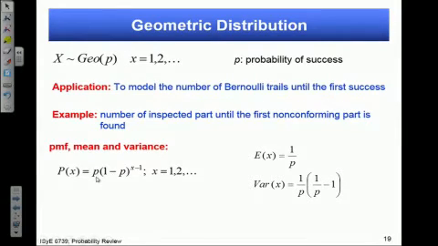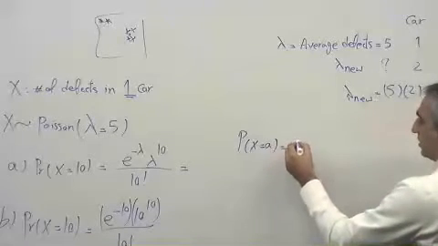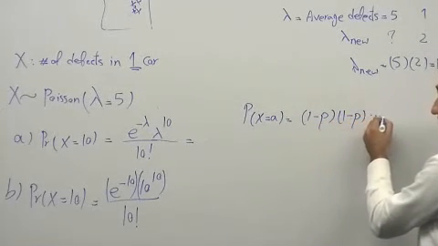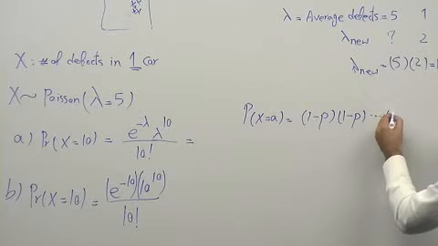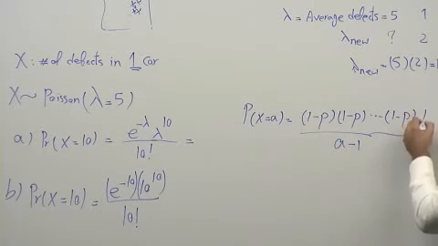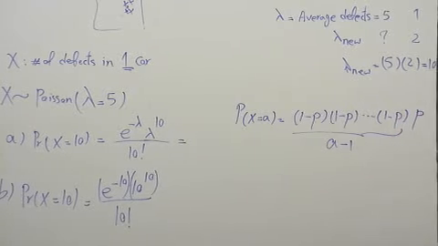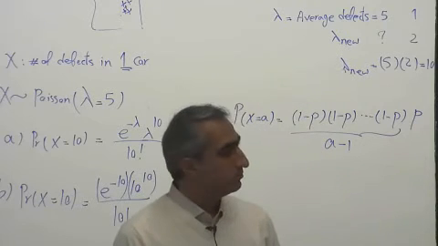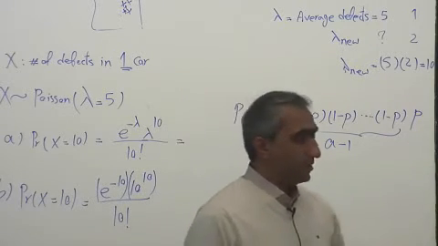So for example, probability of x equal to a means the first experiment is a failure, the second one is a failure, up to a minus 1. So these are a minus 1 failures, but the last one is a success. That's why we have this PMF. Does it make sense? And this is the expected value and the variance.